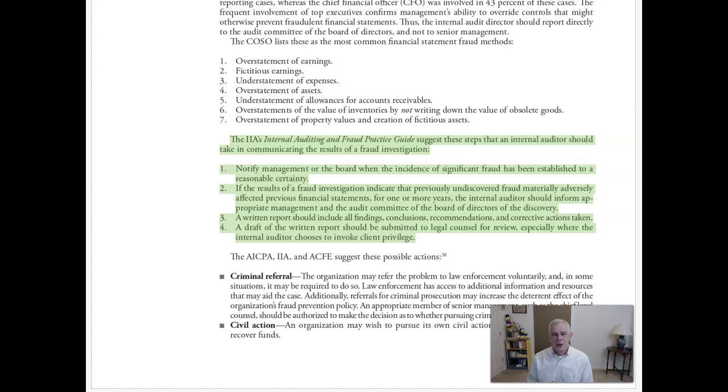If the results of a fraud investigation indicate that previously undiscovered fraud materially adversely affected previous financial statements for one or more years, the internal auditor should inform appropriate management. So this tells the internal auditors what to do if you think you found fraud, and then you do a fraud examination and get the result. Here's what you're supposed to do.